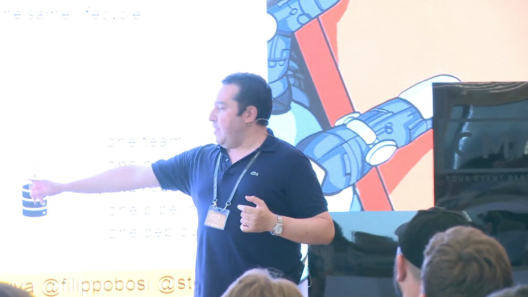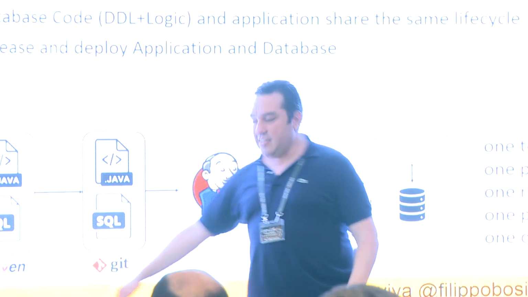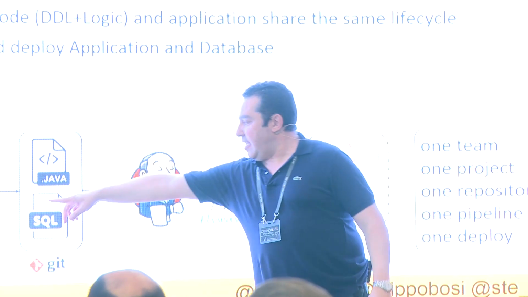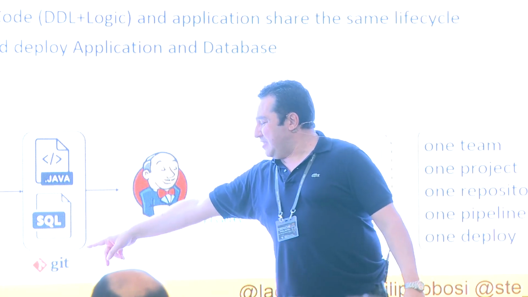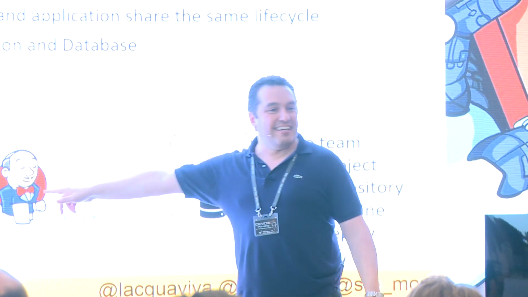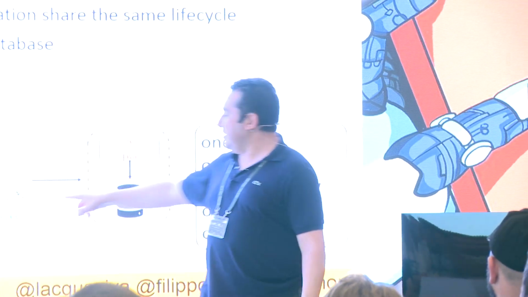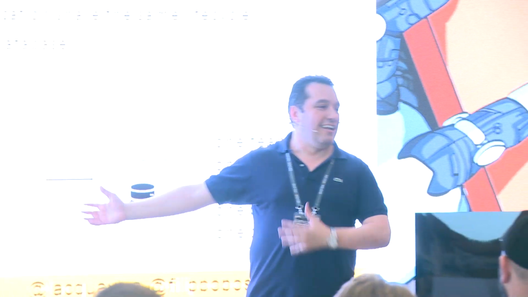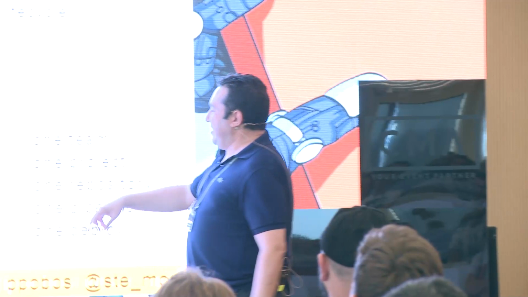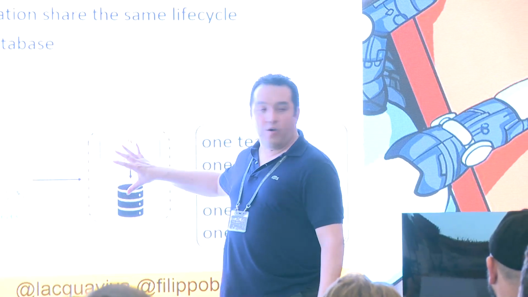Okay. Here is depicted a pipeline. You have Maven for building your code and your SQL. You put it inside Git. Jenkins takes care of everything and deploys your Java code. Flyway takes care, or another tool takes care of the database, and they both deploy your things, and things are running.